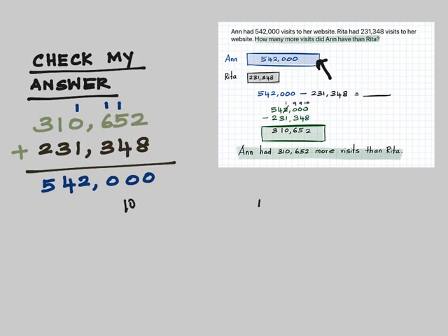So the 0 goes down here and this 1 goes up here. Now let us add the next column, which is 1 plus 6 plus 3, which is again 10. So the 0 goes down here and the 1 goes up here.